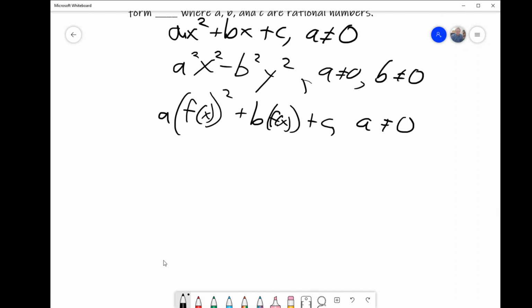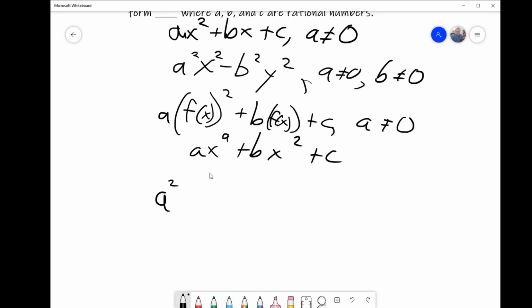Not up to the level of trig function complicated, that is 30-1 stuff. But we can have more complicated things here, like f of x equals x squared. So we'd have ax to the 4th plus bx squared plus c.